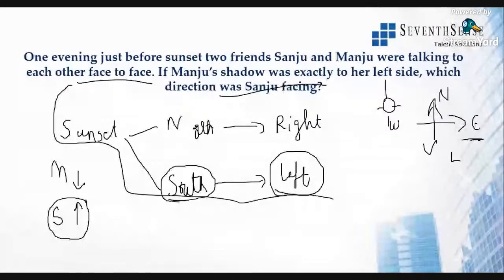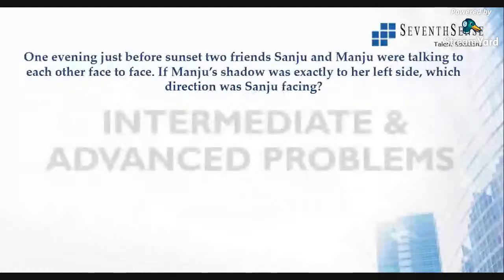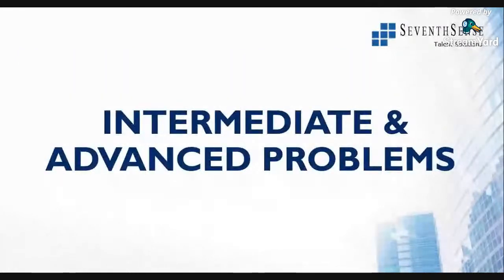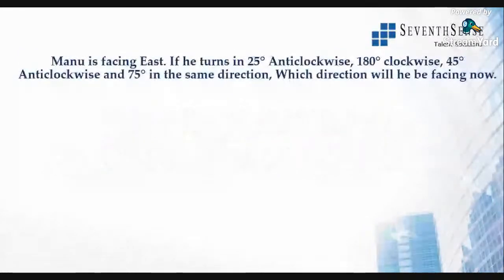All right. We'll go on to the next question. Now we are starting off with the intermediate and advanced problems. This is one of the miscellaneous questions which they usually ask. Manu is facing east.